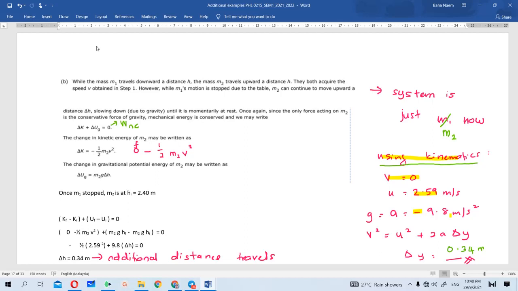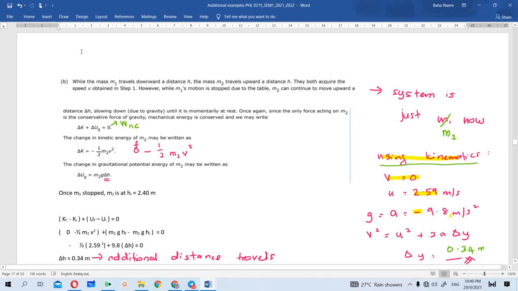You find that we are going to leave it as delta H to indicate we would like to know the additional distance travelled, okay?